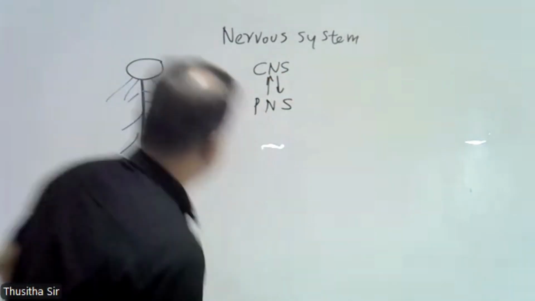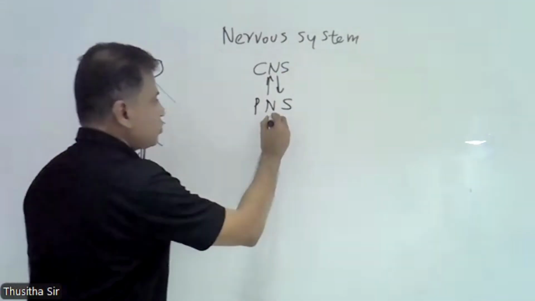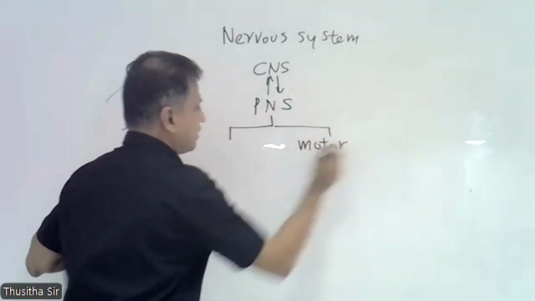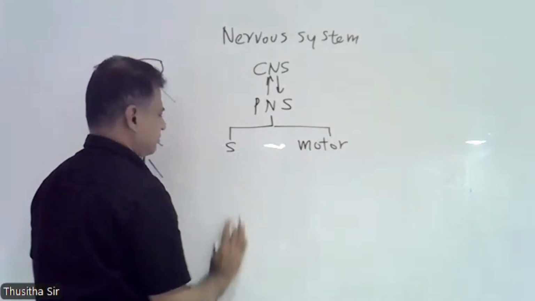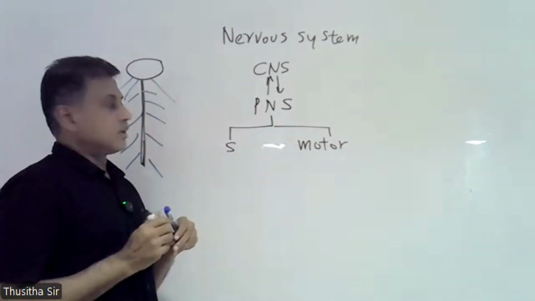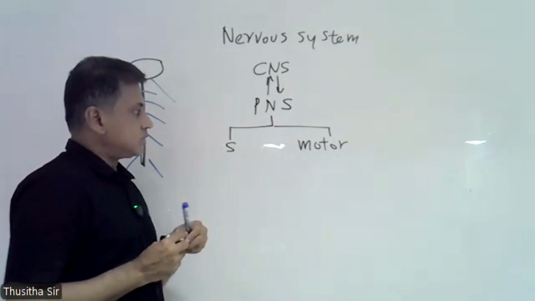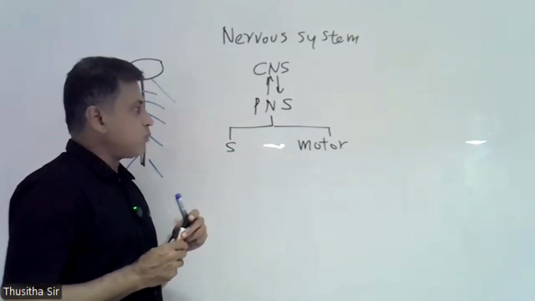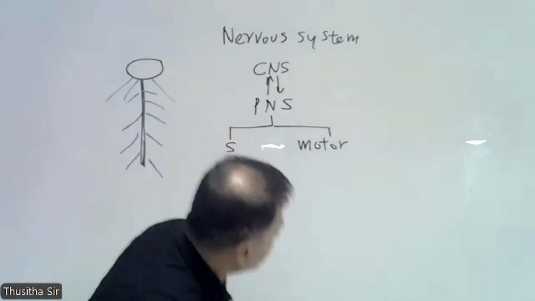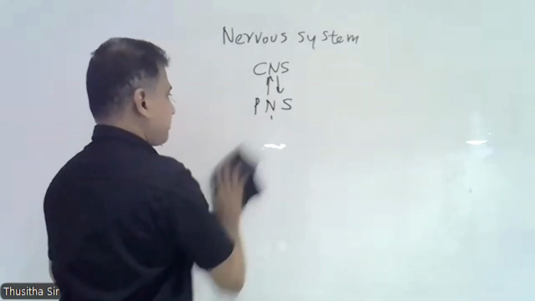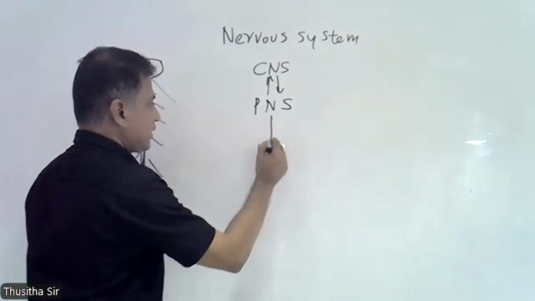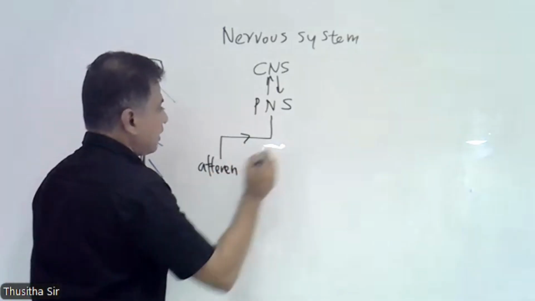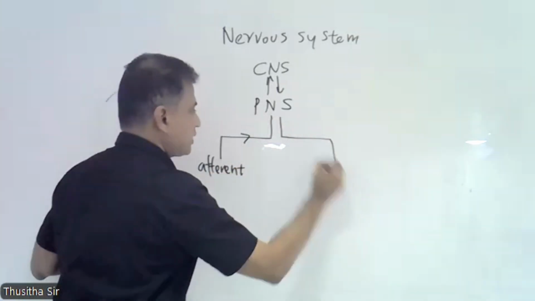Then the peripheral nervous system again has two units: one is motor, the other one is sensory. The sensory and motor neuron system, afferent and efferent. One arm is going this way, afferent, and the other one is going out, efferent.